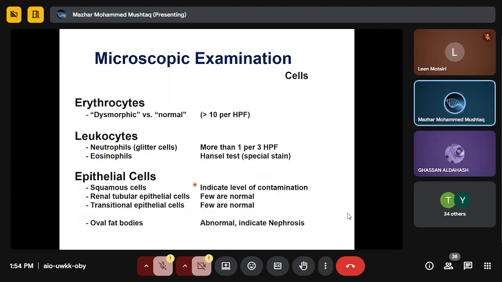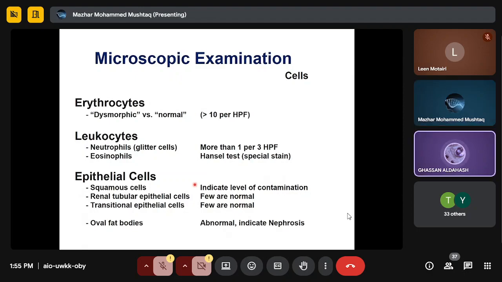It is not normal. If it is 1 or 2, that is okay, fine. But if under the high power field you see more than 10 in the view of the field, that means something is there.